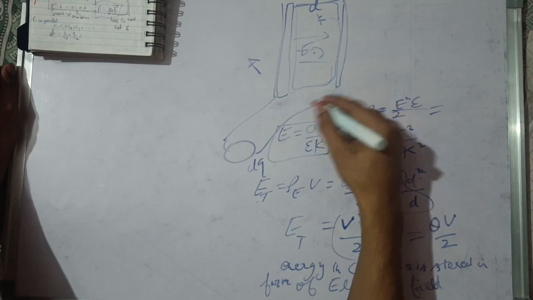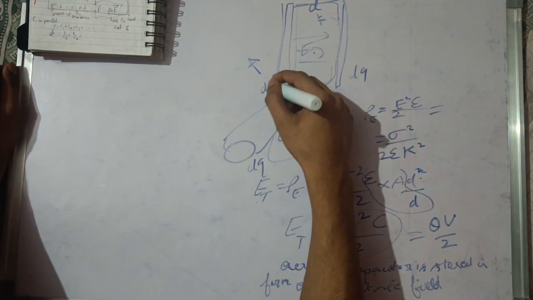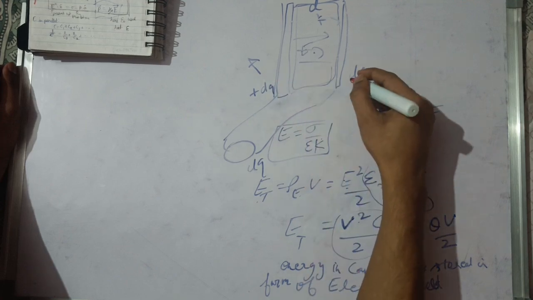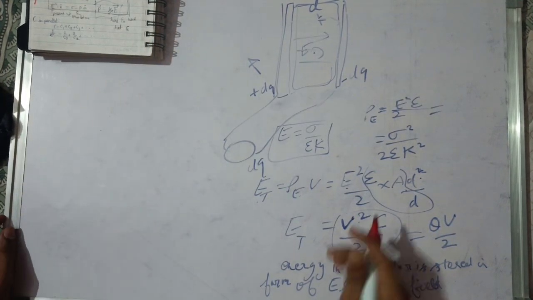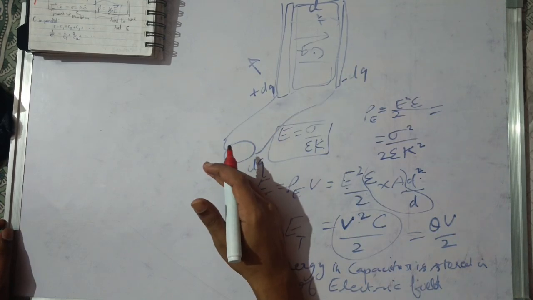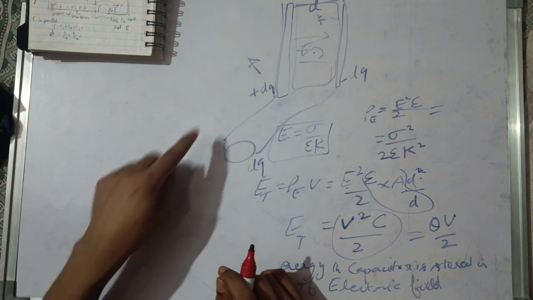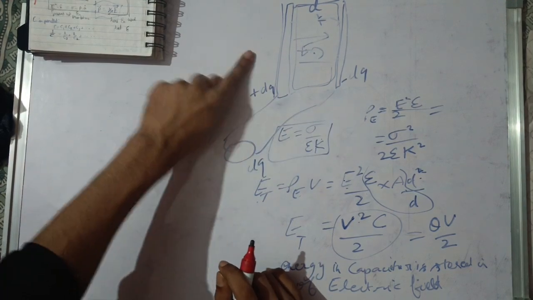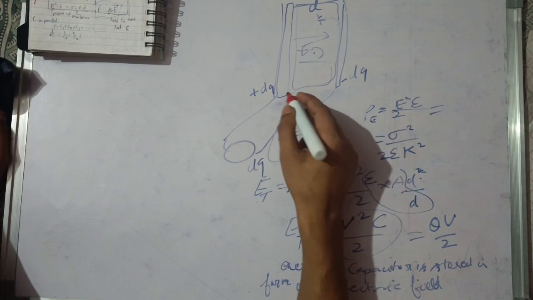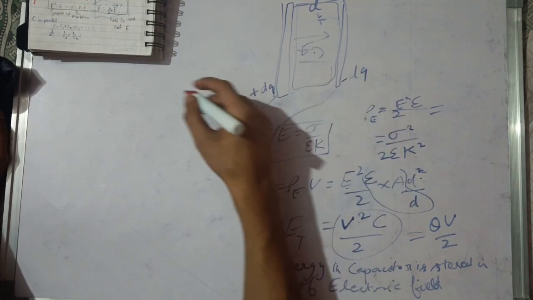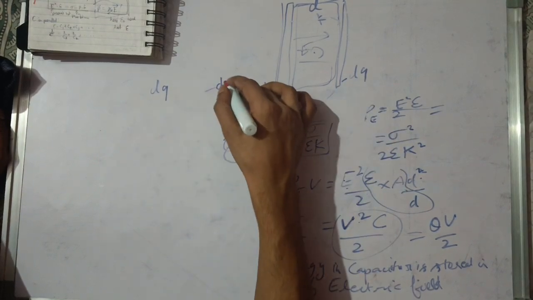I take dq charge from this side and put it here, so there is positive dq charge here and negative dq charge there, so that the total system is balanced. Where I remove the charge I denote minus dq, and where I add it I denote plus dq.